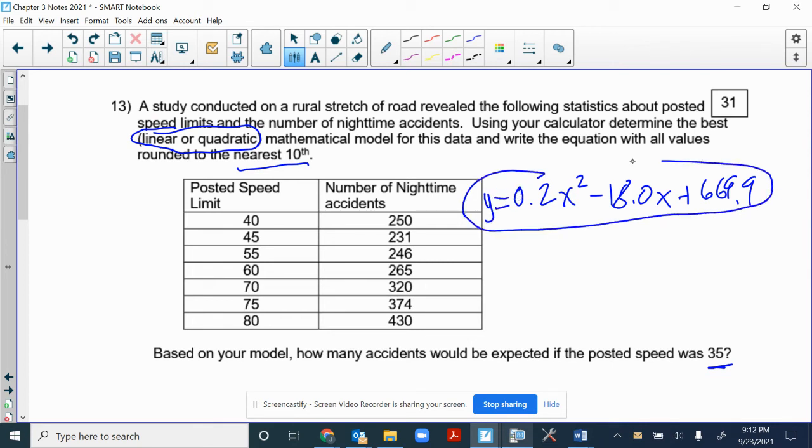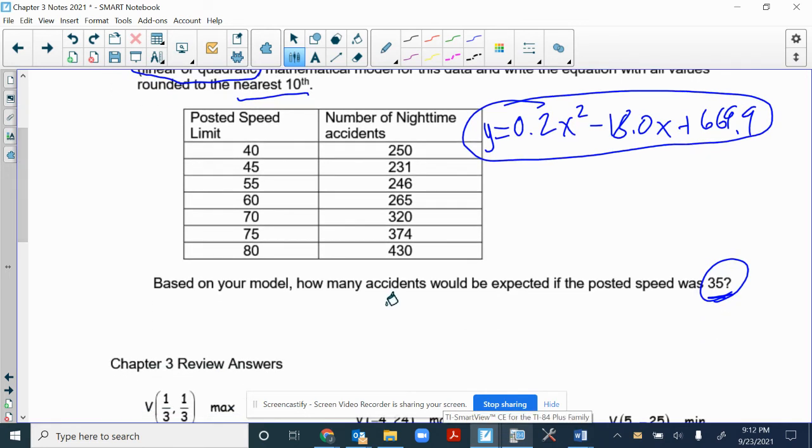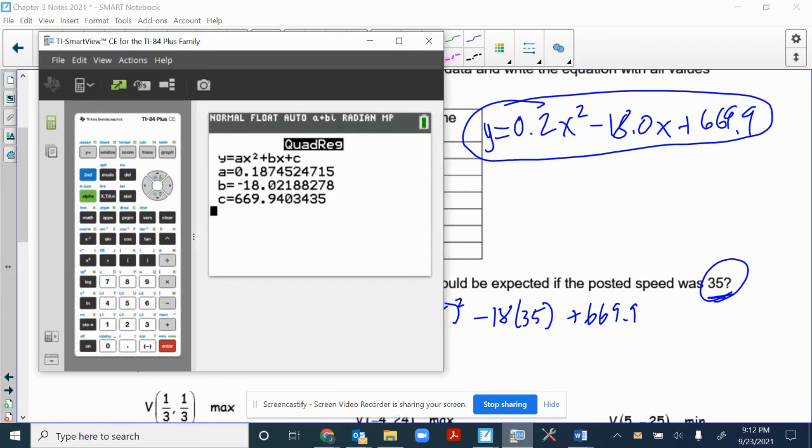So there's our model. The last thing we have to do is substitute this in for x. I'm just going to show the work, but I'm going to do it all in my calculator because I wouldn't want to do this by hand. It's totally possible, but this one is a calculator type question.